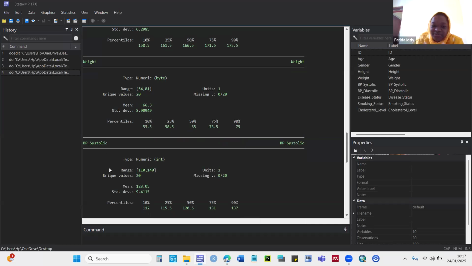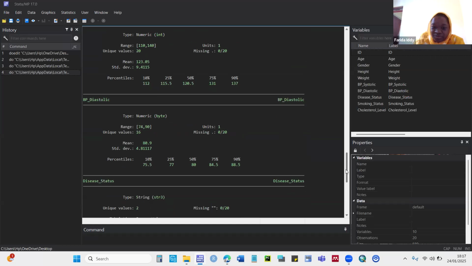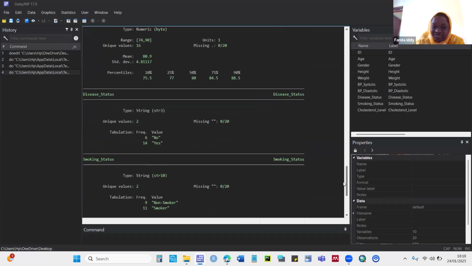And systolic blood pressure, 110 to 140. Almost in all the variables, we don't have a missing value. And disease status is our outcome variable. So we have no disease and yes disease, and it is a categorical variable.